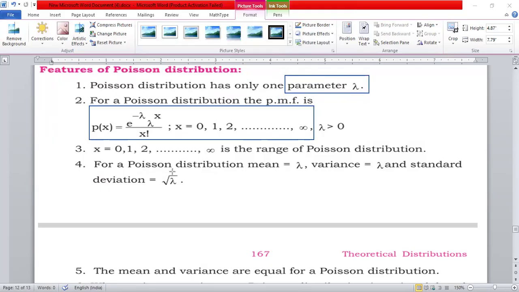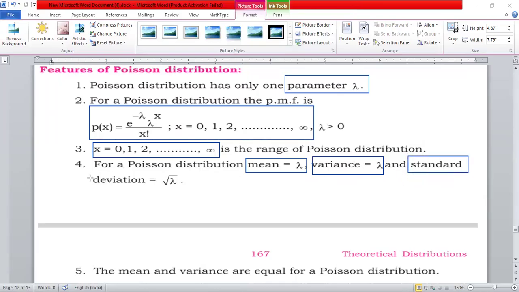What is the range of the Poisson distribution? 0, 1 to infinity. And similarly for the 4th one, important. In a Poisson distribution, the mean is lambda, the variance is lambda, and the standard deviation is root lambda.